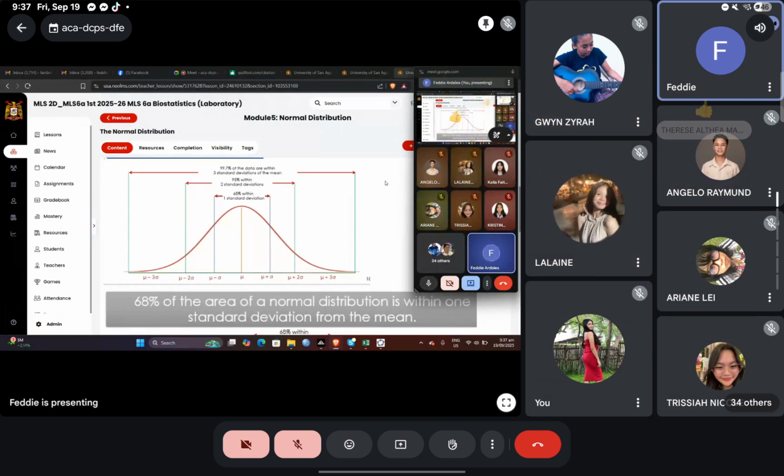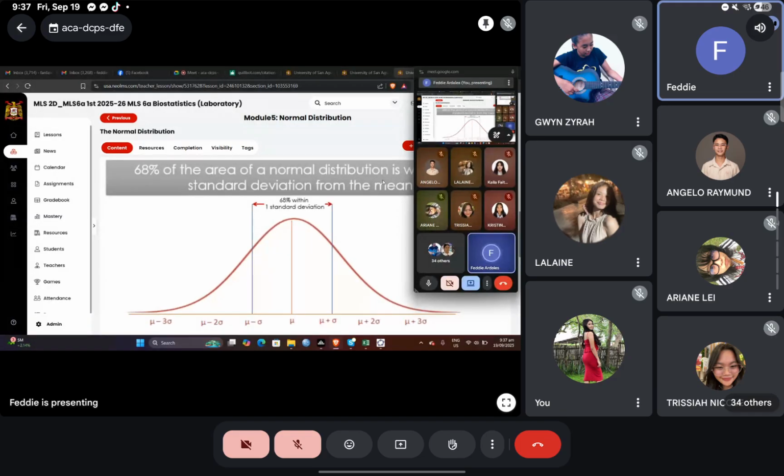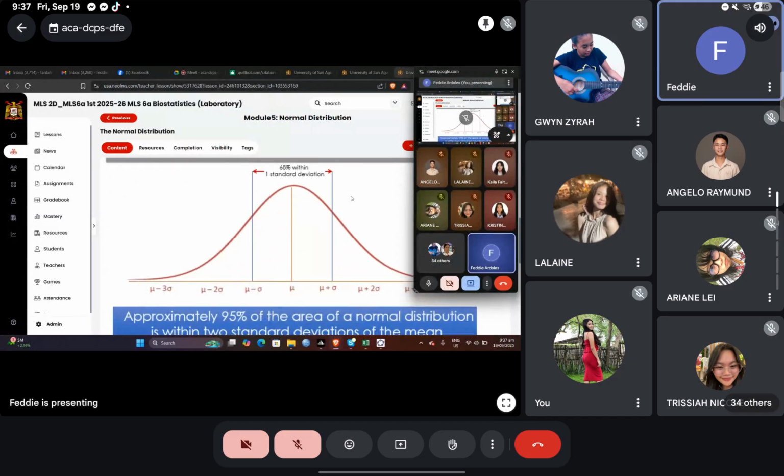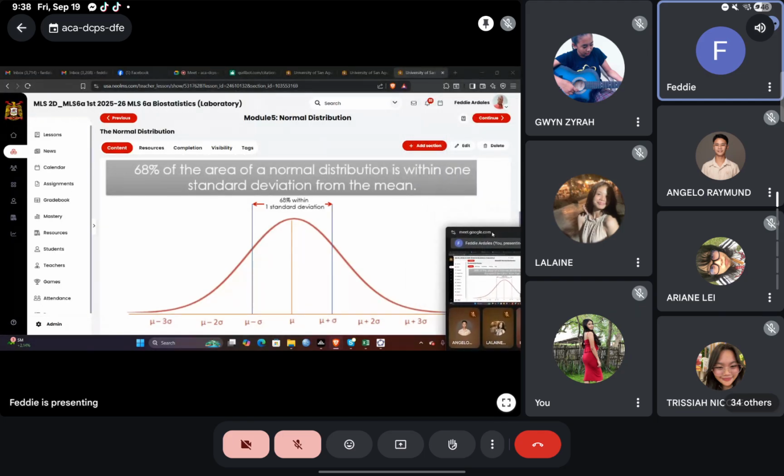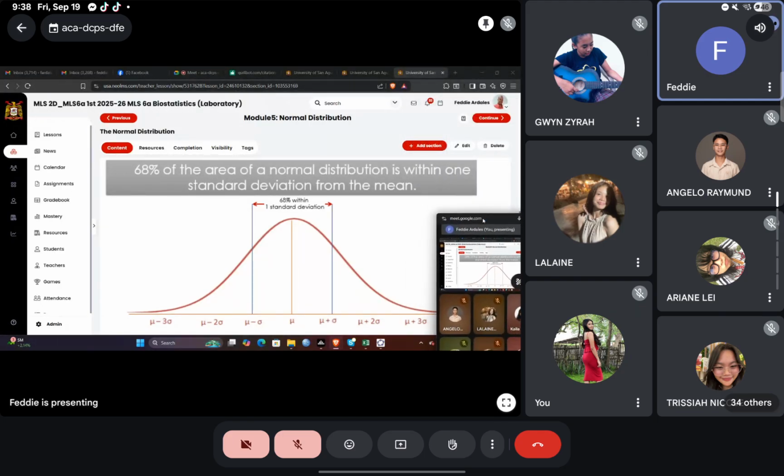Now, talking about 1 standard deviation of the mean, take note: approximately, the area of the normal distribution within 1 standard deviation from the mean is approximately 68%.